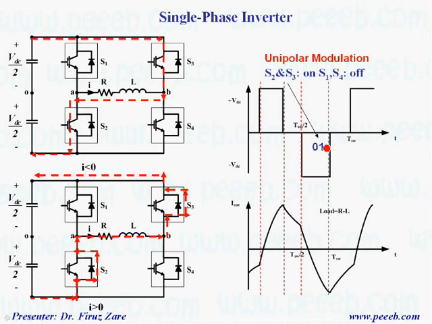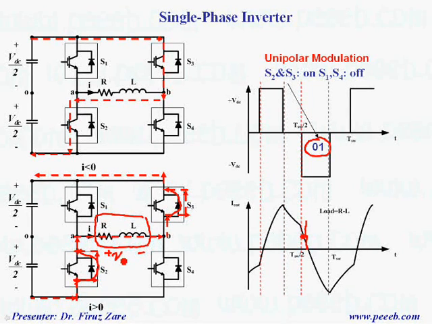When the output voltage is getting negative, this is the switching state, that means S2 and S3 are on, S1 and S4 are off. In this case the output voltage is negative, but for this period we can see that the output current is positive. If output current is positive and output voltage is negative, this is the current loop. That means current passes through the diode, here again through the diode, while the output voltage is negative.